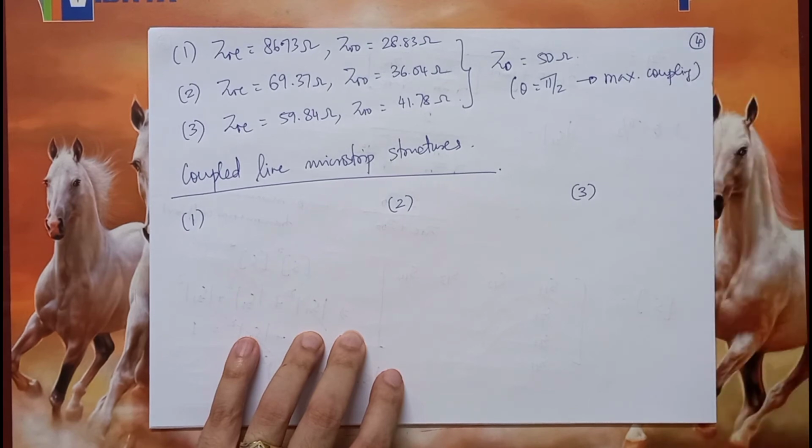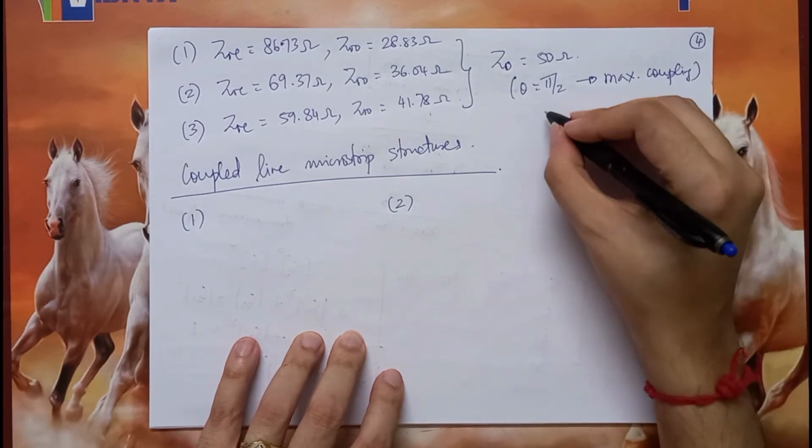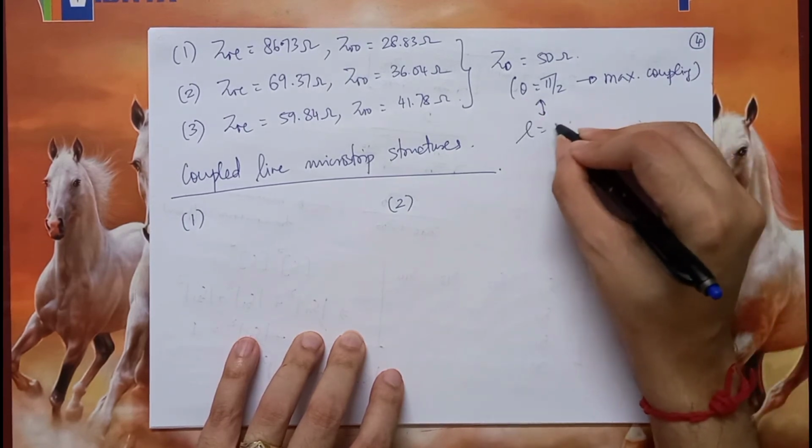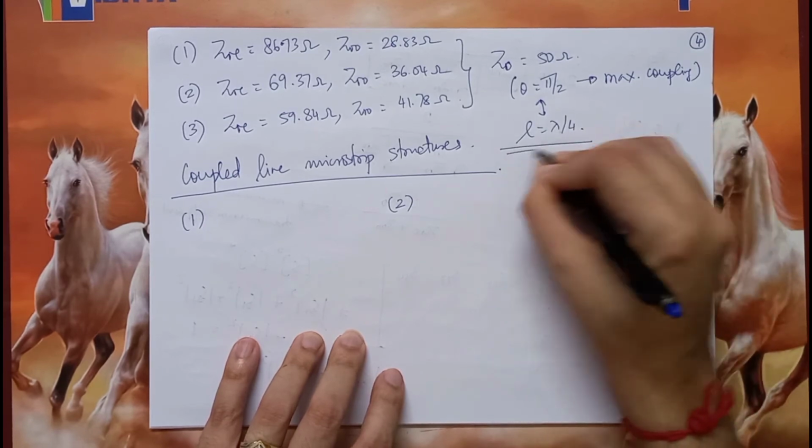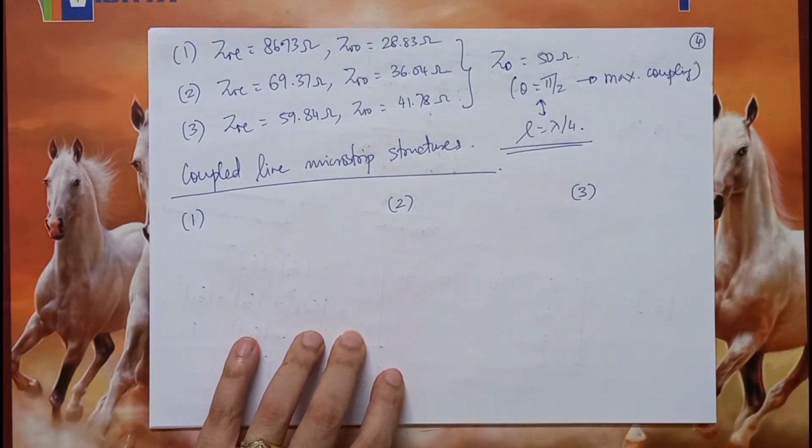We have just discussed that. And we know that theta equals pi by 2 also corresponds to the physical length of lambda by 4. This is coming back time and again to remind us that lambda by 4 has a very significant value. It has a very significant effect in the broad domain of RF.